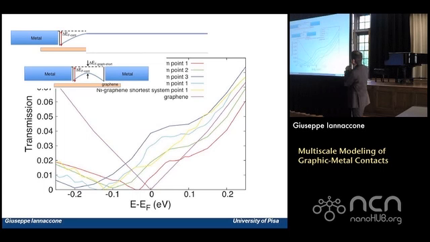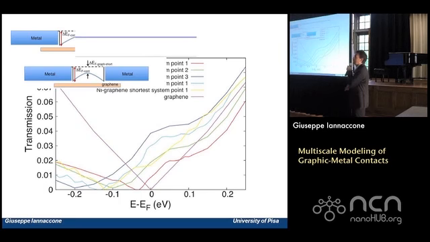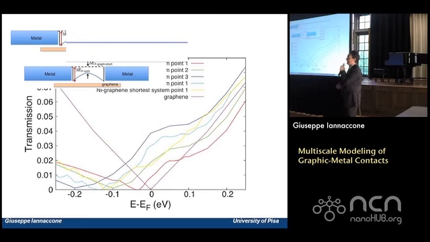So basically, when we compute the transmission, we, for example, make a cut in the middle and insert a semi-infinite lead. And of course, if you compute the transmission of this structure at the energy corresponding to the energy of the Dirac point in the semi-infinite lead, you will have zero transmission, because for that energy, the density of states of the semi-infinite graphene lead is zero.